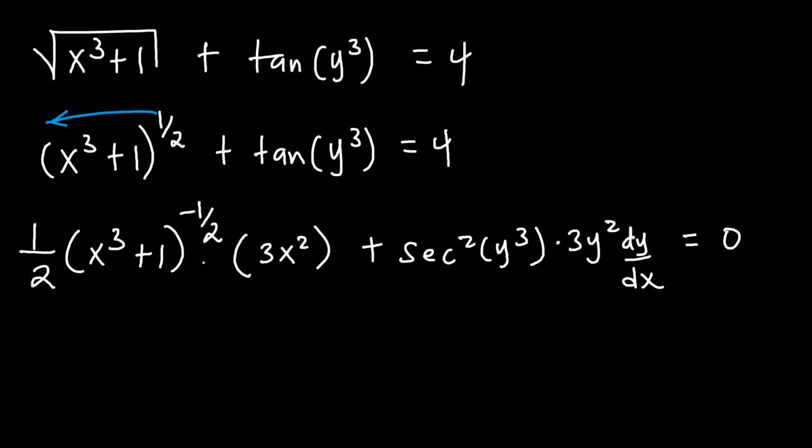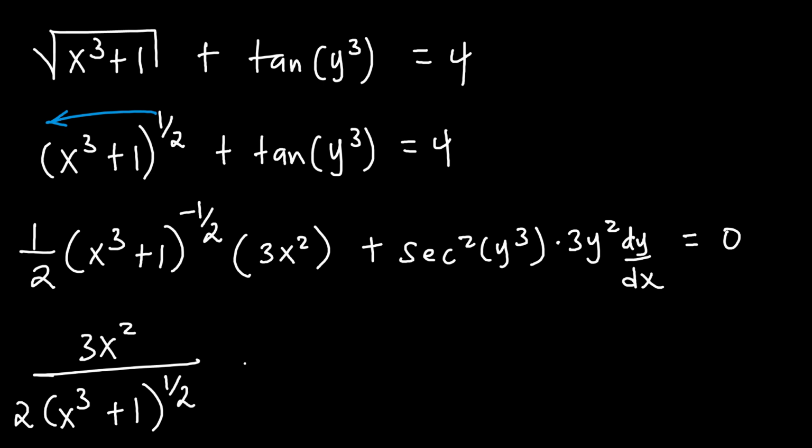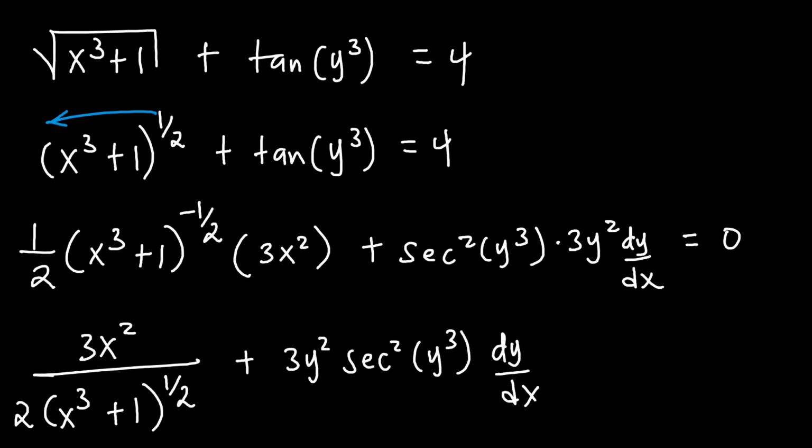And at this point, we can take this to the bottom, and the negative exponent will become positive. So at the top, we shall remain with 3x to the power of 2 divided by 2 times x to the power of 3 plus 1 raised to the power of 1 divided by 2. And then plus 3y to the power of 2 times secant squared y to the power of 3, and then times dy divided by dx equaling 0.